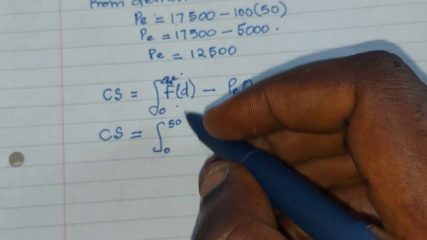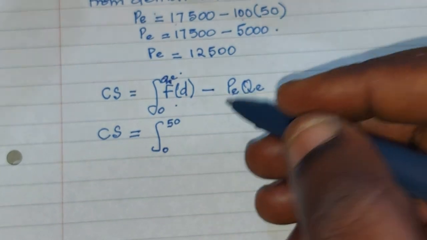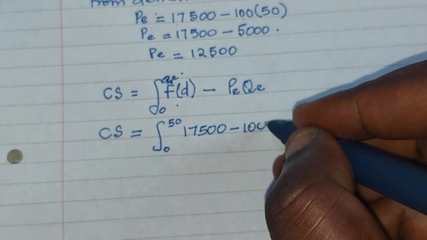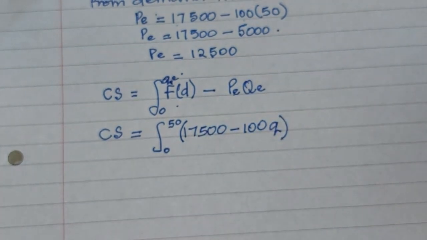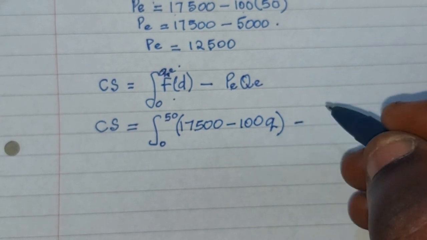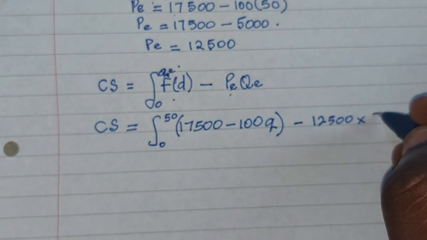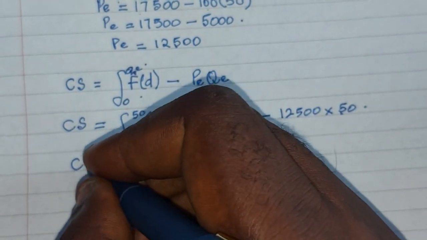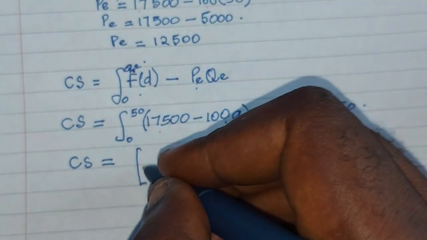Then you integrate the demand function, 17,500 minus 100Q, then minus 12,500 multiplied by 50. Okay, so our CS now becomes, you substitute for 50.